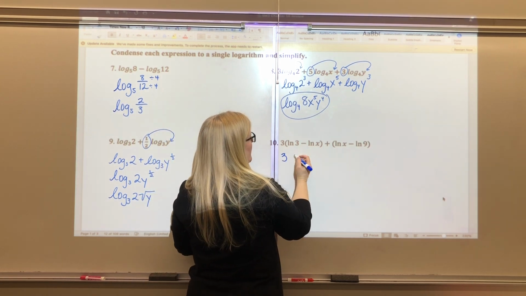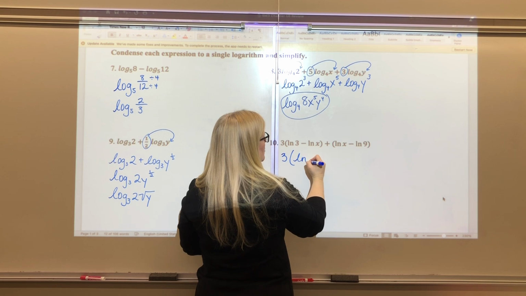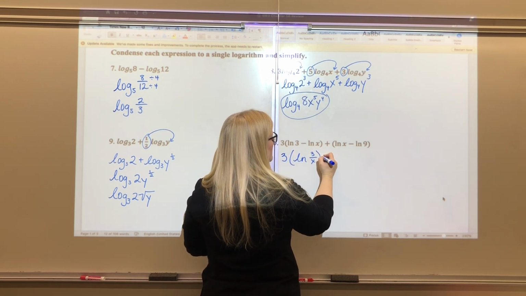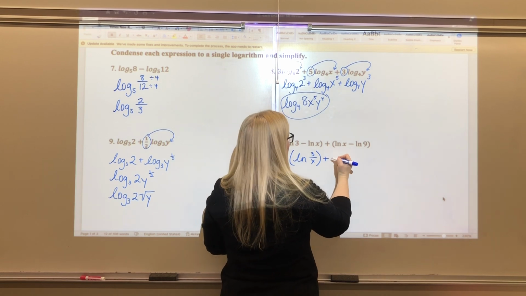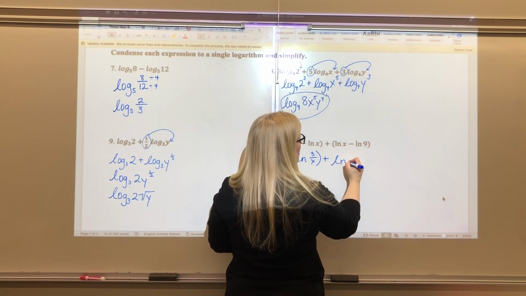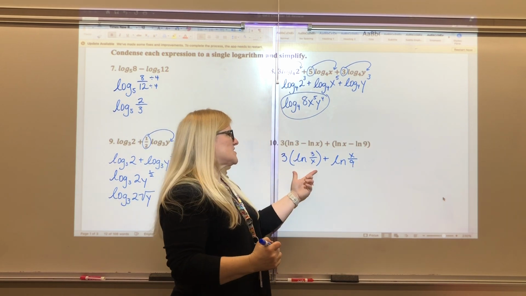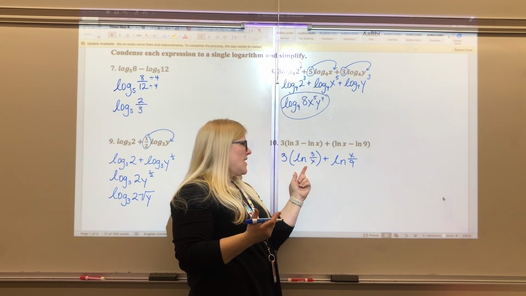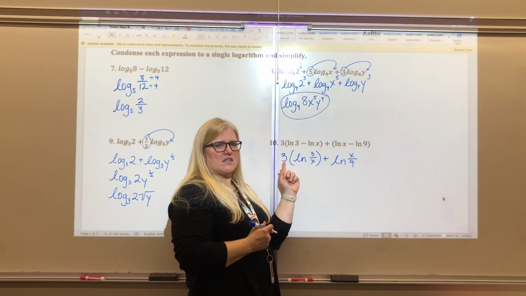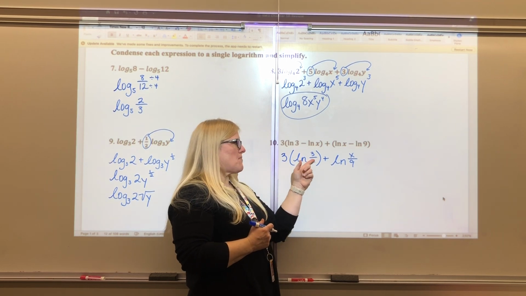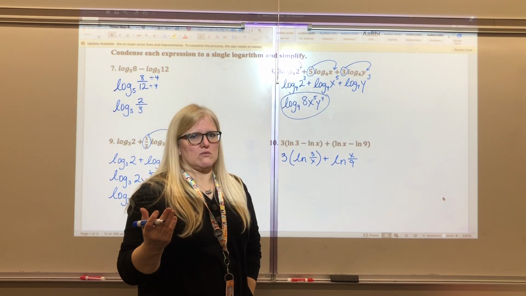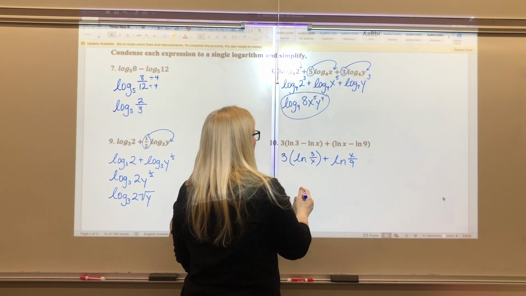So we've got 3 times the natural log of 3 divided by x plus the natural log of x divided by 9. Now, why did I put parentheses here and not here? I probably don't need the parentheses. I do have this 3 out front that's going to get bumped. And that's why I instinctively did that, but you probably don't really need these parentheses here.